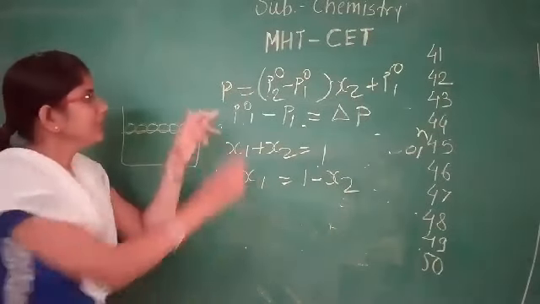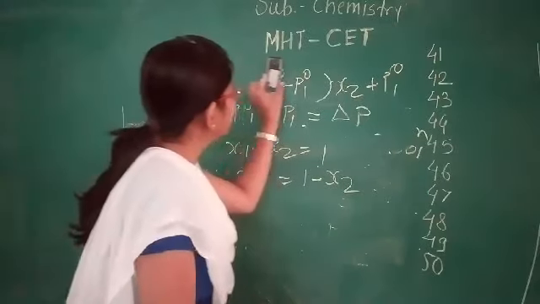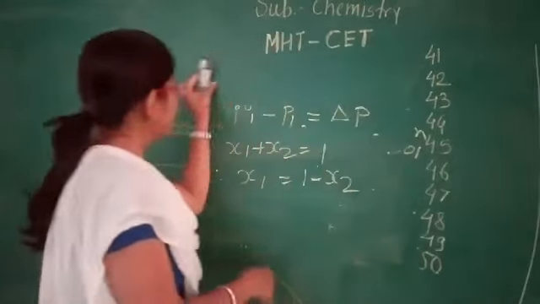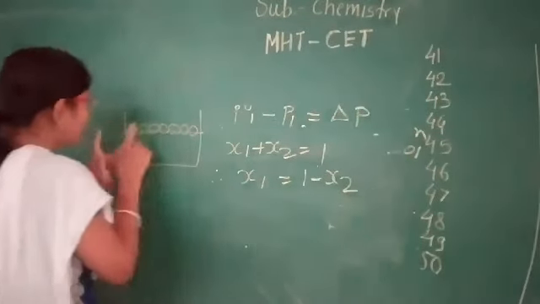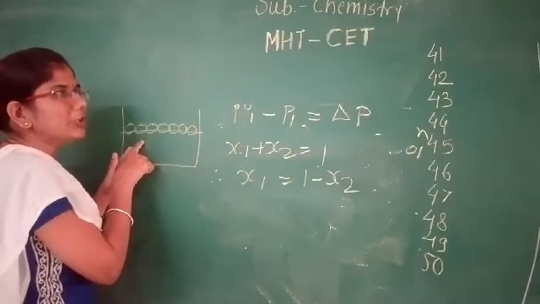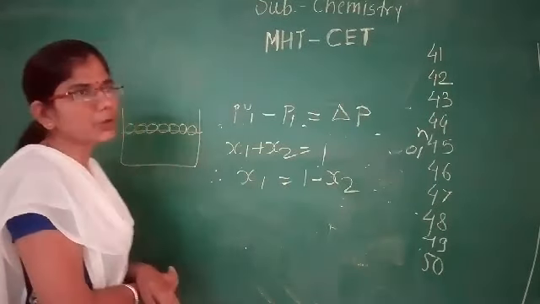Here, this is the Raoult's law we study when both the components of the solution are volatile. But in our first colligative property, one of the components is non-volatile. Means here the solute used is non-volatile.